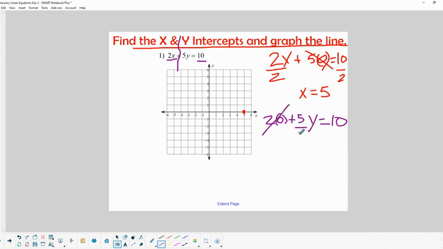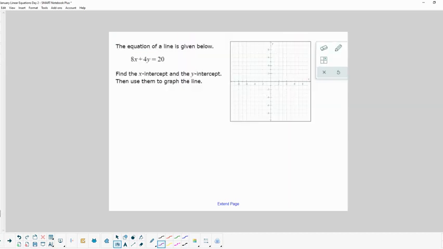So when we divide by 5 in this case to find the y-intercept, we end up with y equals 2. So the y-intercept is 2, and we graph or draw the line between the 2 points. I kind of missed there, got to be careful about that, maybe use a ruler, but that's how you find the intercepts and then graph the line using the intercepts.